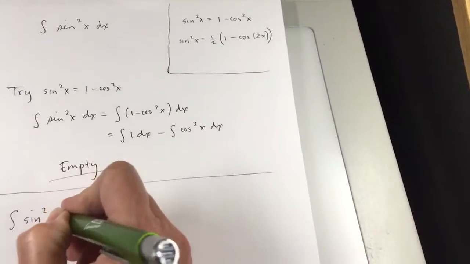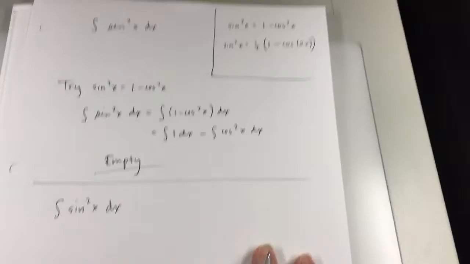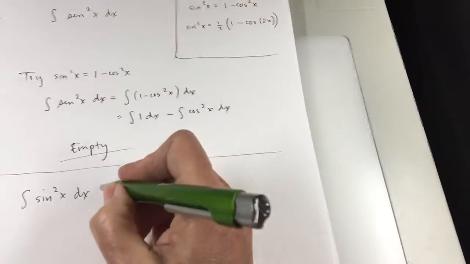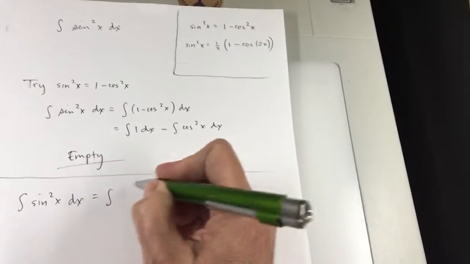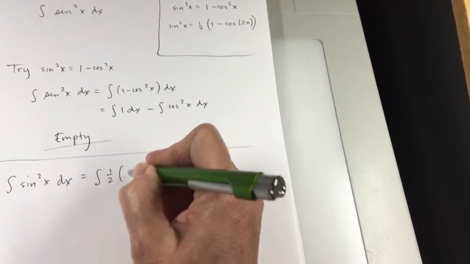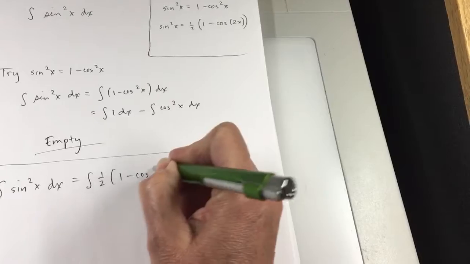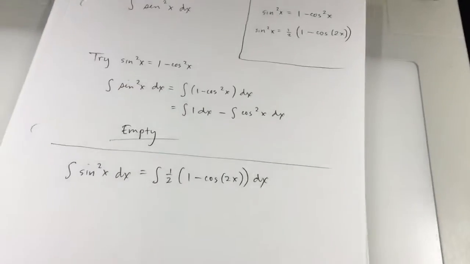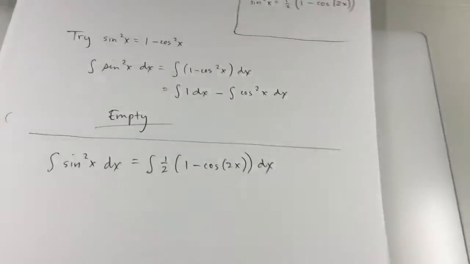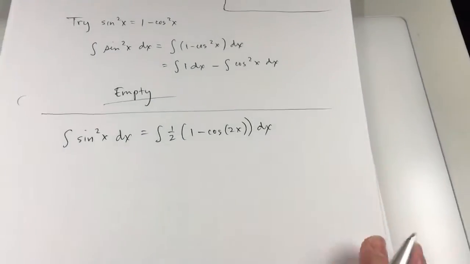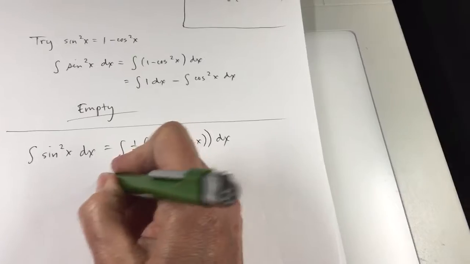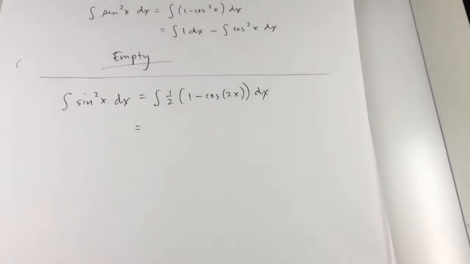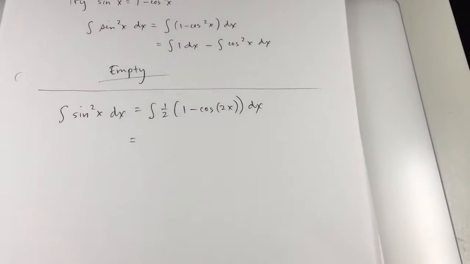So the integral of sine squared x dx equals the integral of 1/2 times 1 minus cosine 2x dx. Now see that 1/2 in the front? I want to factor that out. I can factor constants out.